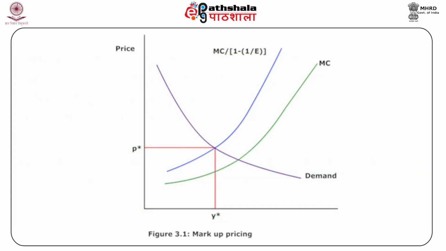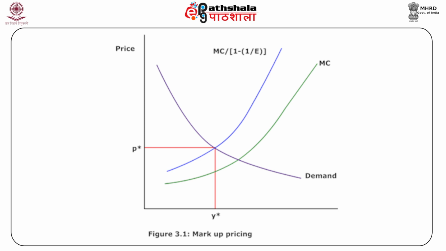In the case of a constant elasticity demand curve, this formula is especially simple since sigma is a constant. A monopolist who faces a constant elasticity demand curve will charge a price that is a constant markup on the marginal cost. This is clearly illustrated in figure 3.1.